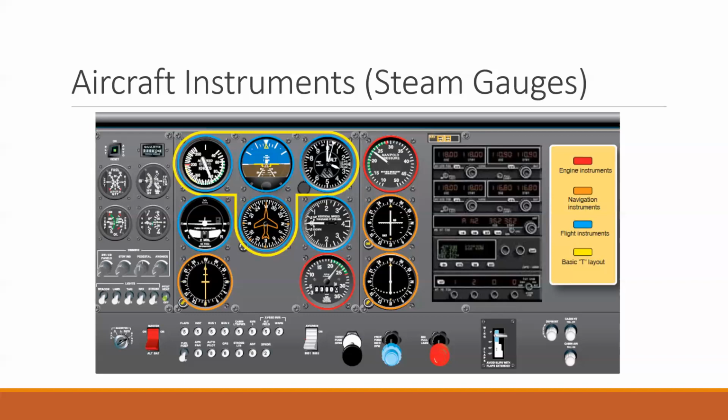So this next one to the right of the airspeed indicator is what we call the attitude indicator. It has the blue on top here, which indicates the sky, and then has the brown on the bottom, which indicates the grass. Sometimes this will be black and white, or some other colors, but usually blue and brown is pretty common.